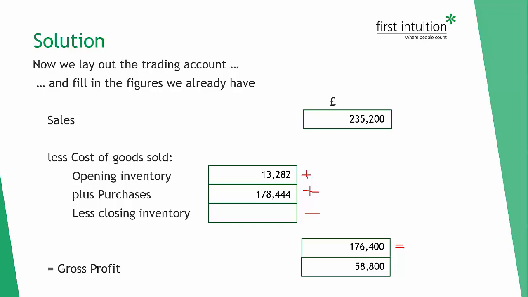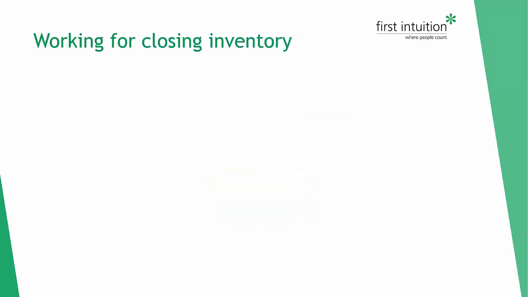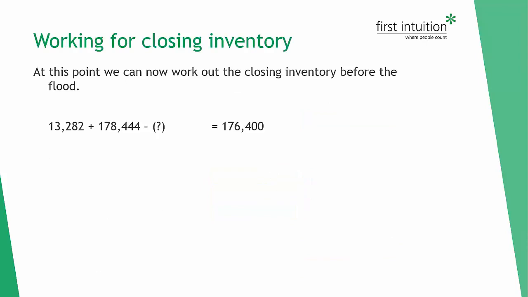So let's do a little simple bit of calculation. We know that 13,282 opening inventory plus 178,444 minus the mystery figure equals 176,400.